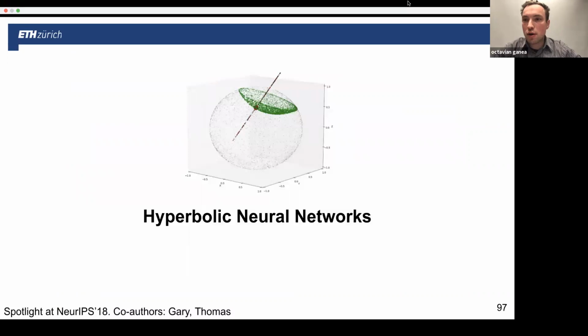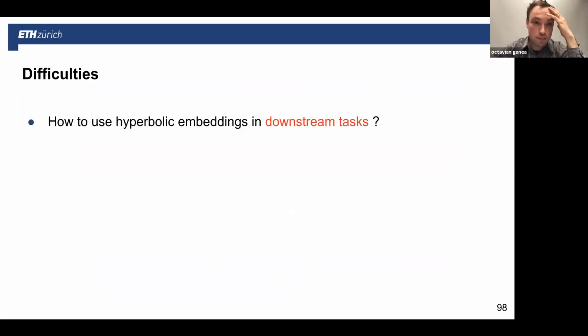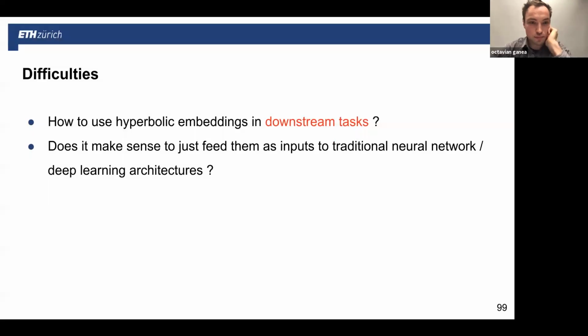Okay, so the last thing that I want to cover in the few minutes that I have left is the spotlight paper at NeurIPS 2018, which is talking about how we can use these hyperbolic embeddings in neural networks, or deep learning, with the goal of having this used in downstream tasks.